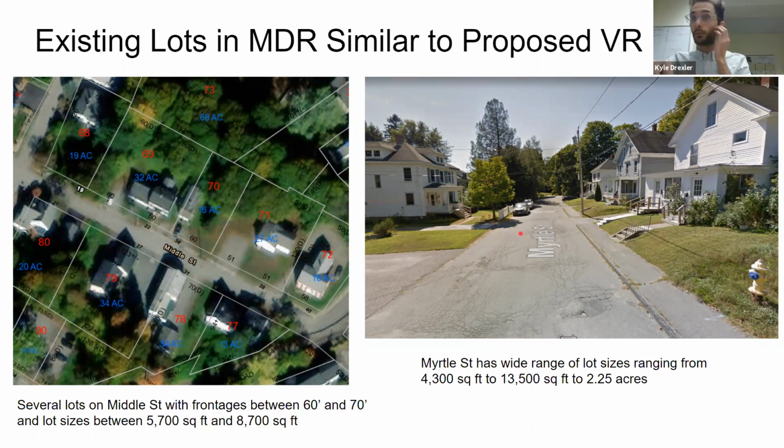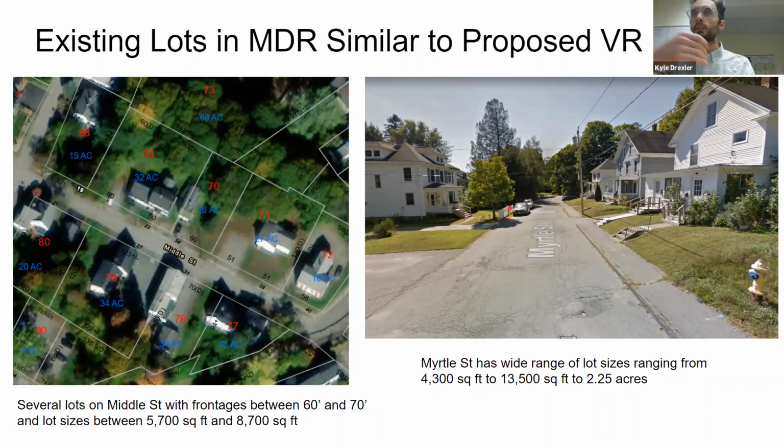And then, if you look at the right-hand side here on Myrtle Street, there's a wide range of lot sizes. On the right-hand side of the street, from our view, there are some smaller lots in that 4,000 to 5,000 square foot range. And then on the left, you have a 13,000 square foot lot. And at the end, there's a 2-acre lot.